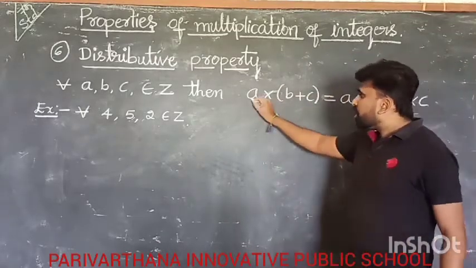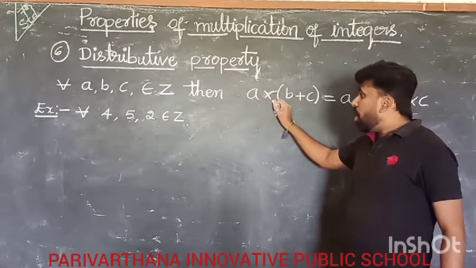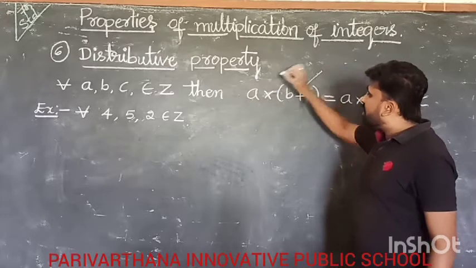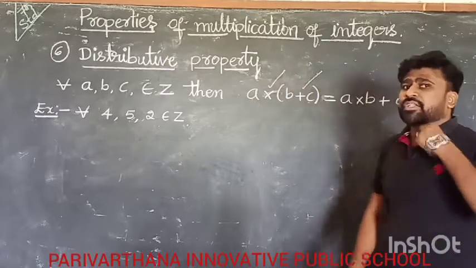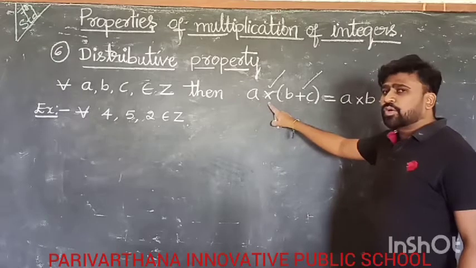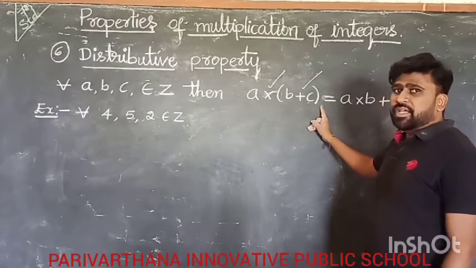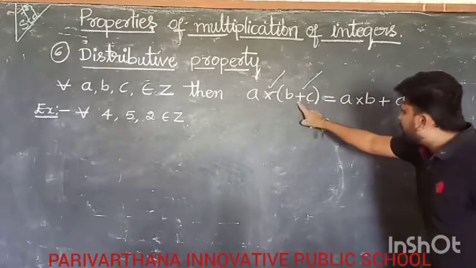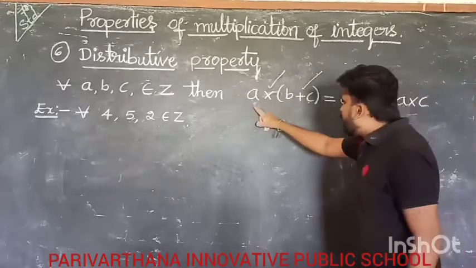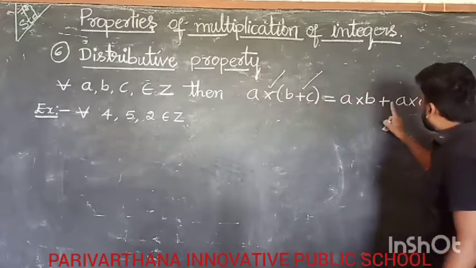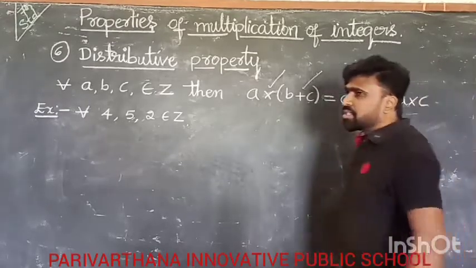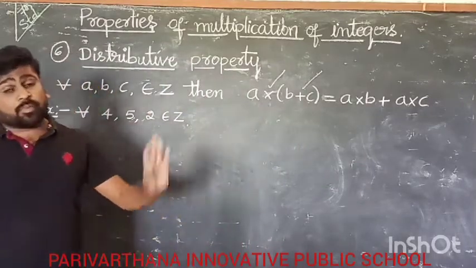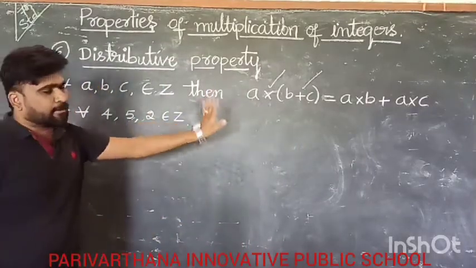See here, A into of B plus C. Now this is the multiplication, this is the addition and this one is the multiplication. That means A into of B plus C, just multiply A into B. See here, A into B plus, put plus, again A into C. This is the distributive property under multiplication over addition.